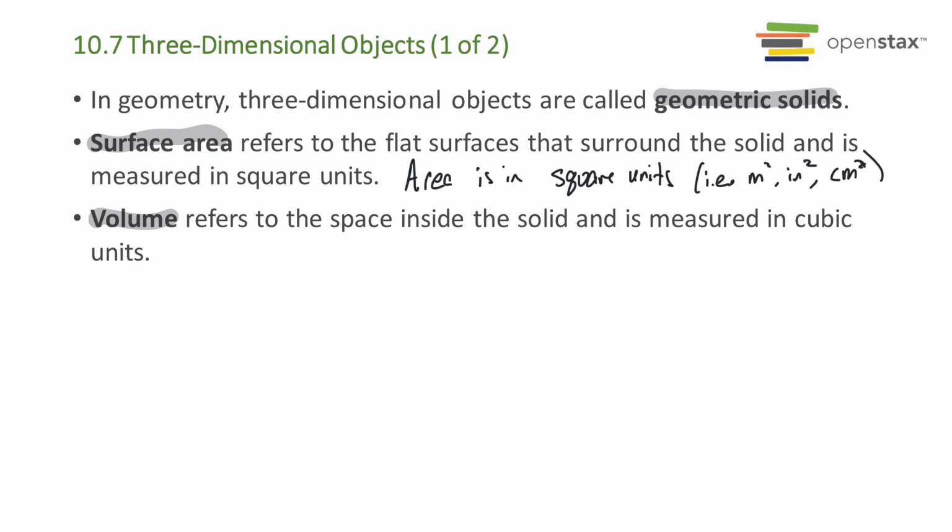Right, and that's because the area of a basic rectangle is length times width. So if you have a length of meters times a width of meters, then you get meters squared.